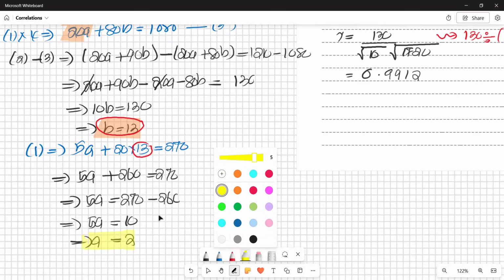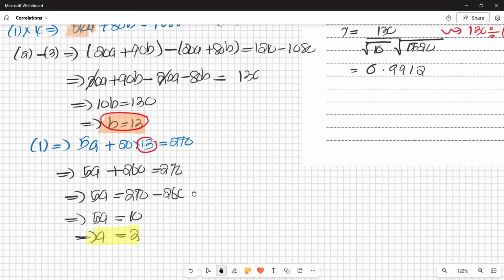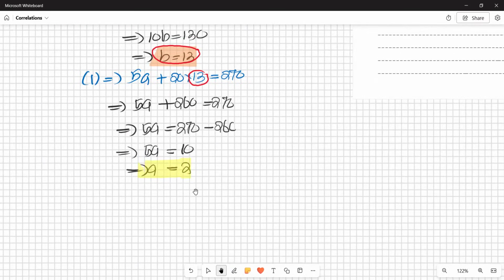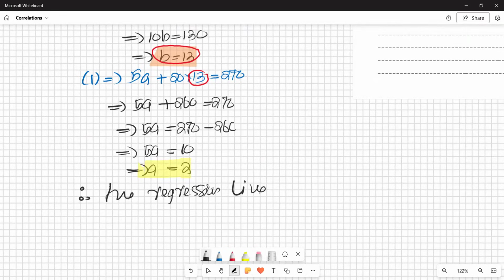Now we found a and b. Therefore, the regression line y equals a plus bx, with a equal to 2 and b equal to 13, is the regression line.